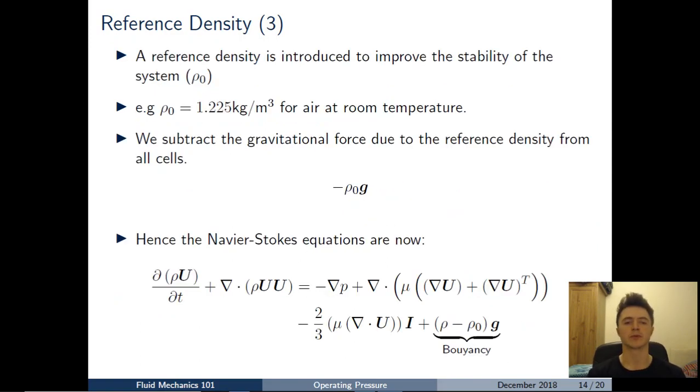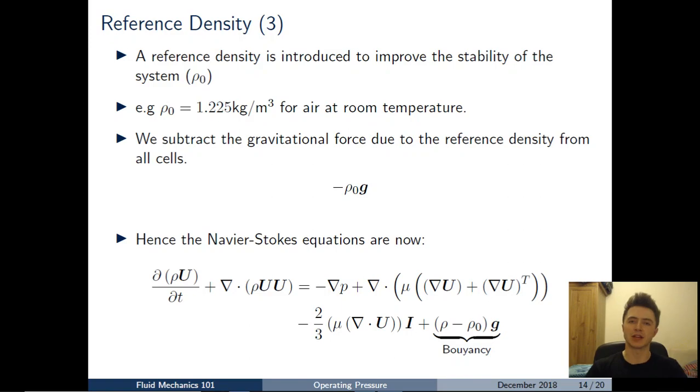So what do we do? The trick with a reference density is we take a reference density which is defined by the user. It may be 1.225 for air or 1000 for water, and we subtract this component of the gravitational force from all the cells in the mesh.